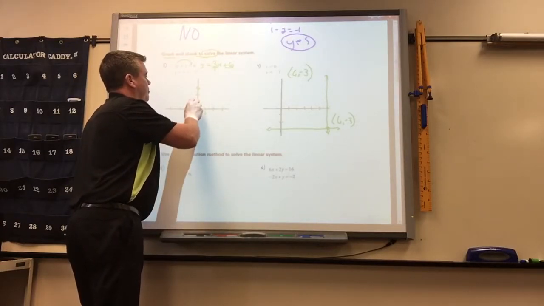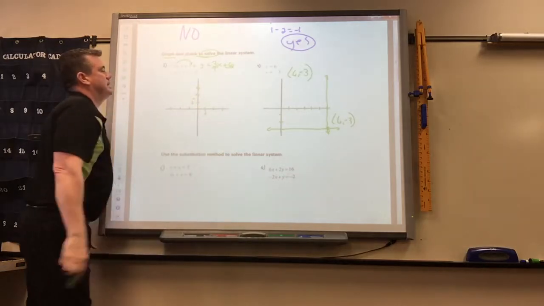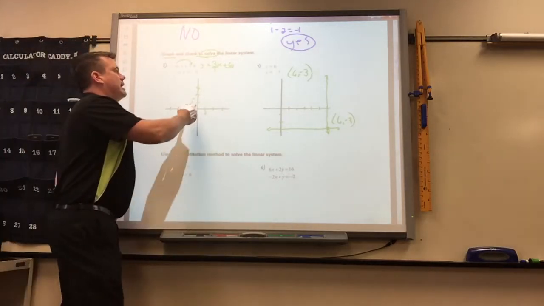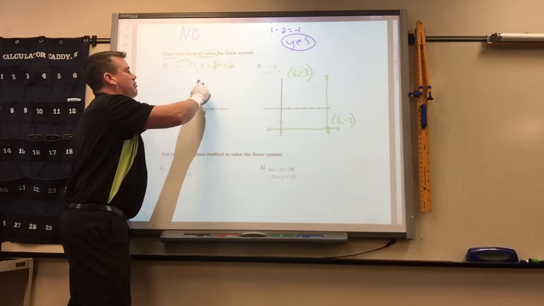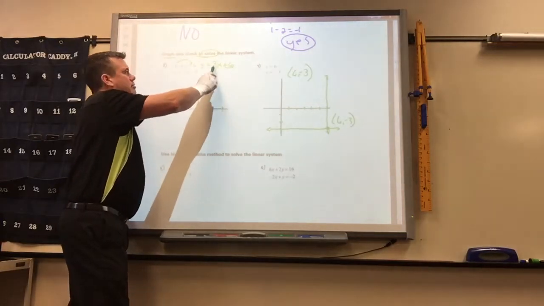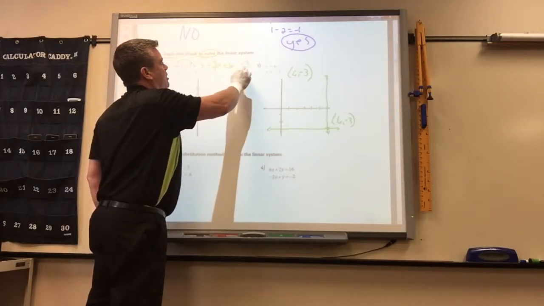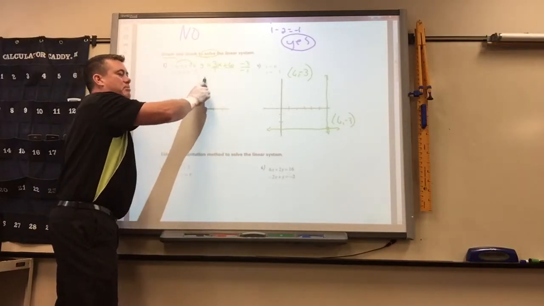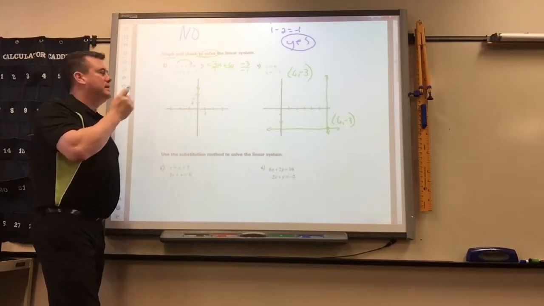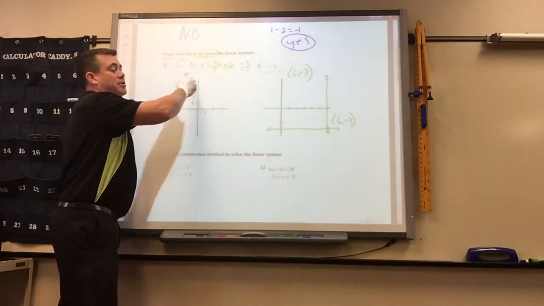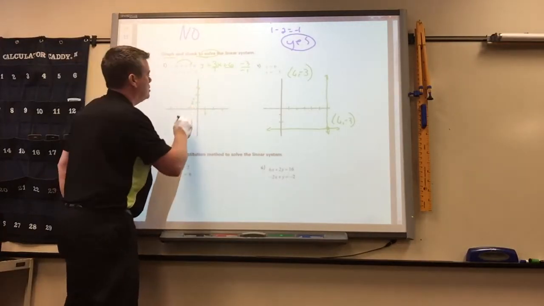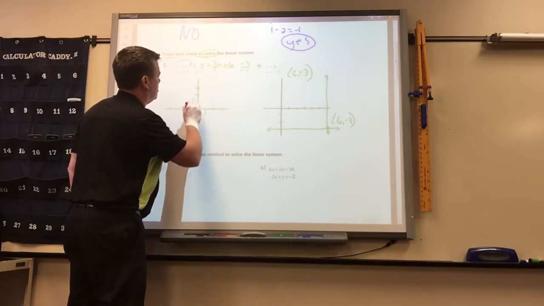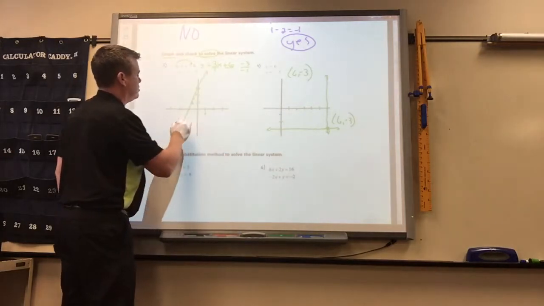Now what I did, instead of going up 3 and over 1, because then I would have gone off my graph, I just changed that to negative 3 over negative 1. That's why I went down 3 and left 1. It's the same as going up 3 over 1. Everyone understand that? Yeah. Either way, if you went off the graph, that's fine. So this one then goes right there.